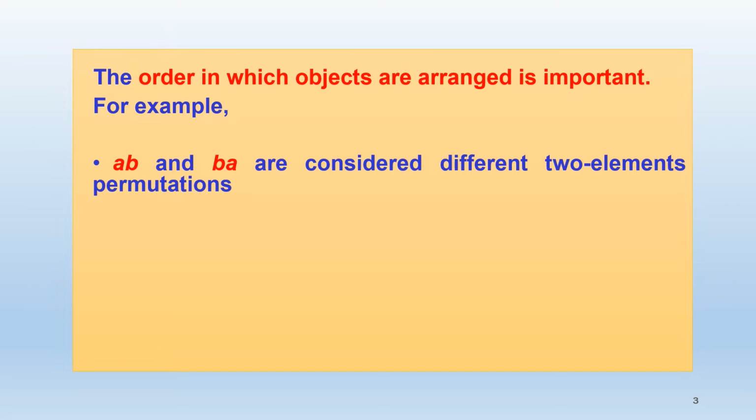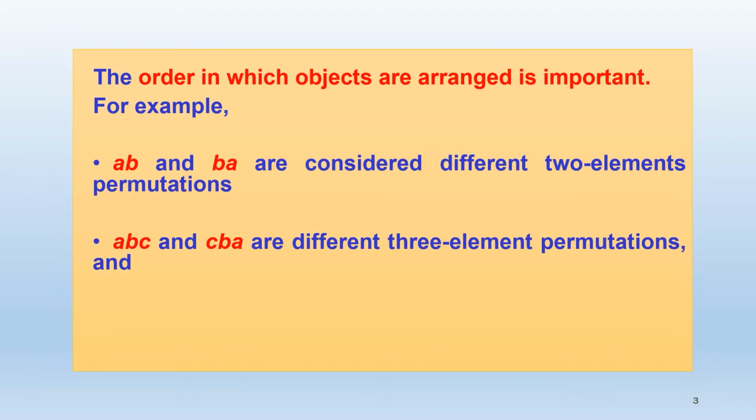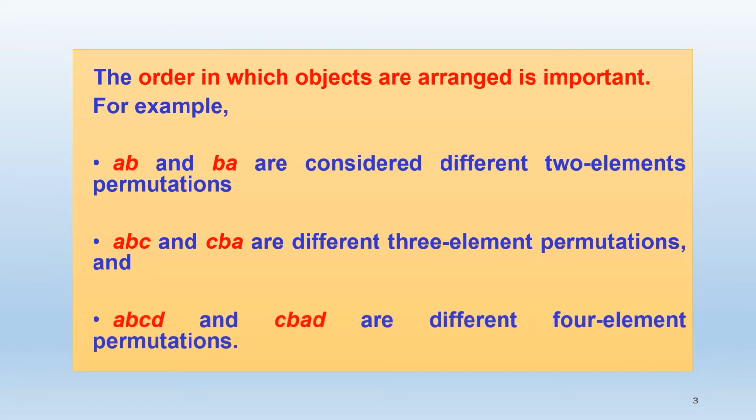Susunan dia tu berbeza, walaupun terdiri daripada dua alfabet yang sama. So do ABC and CBA are different three-element permutation, and ABCD and CBAD are different four-element permutation.